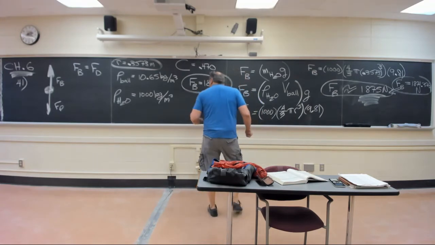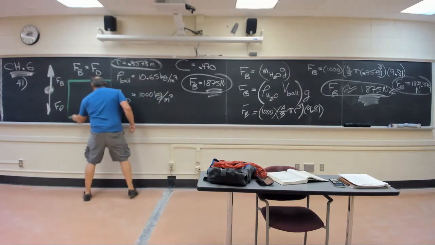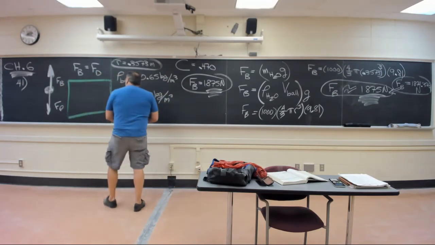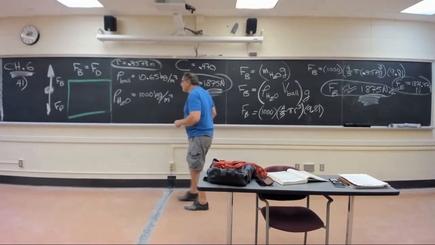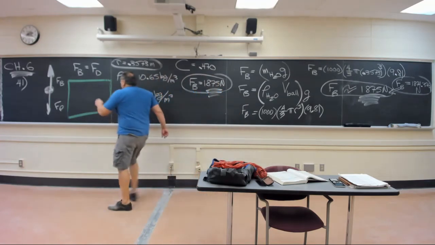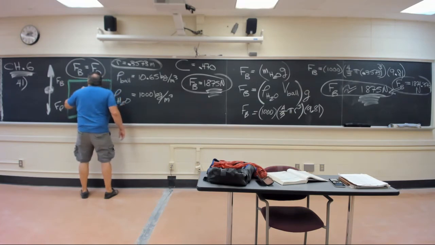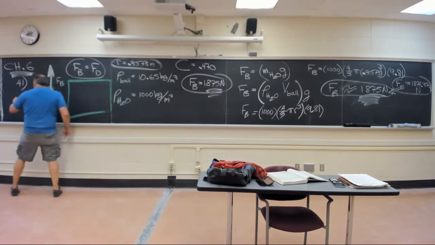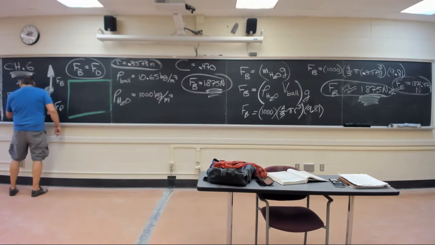So guys, if we're looking at that, how are we actually going to solve a problem like this? It all hinges right about here. You're going to say, because FB equals FD, there's a whole bunch of plays you can make on this thing, but you're going to say FD equals this, whatever you want to say. We could kind of put this over to the side. This is rho H2O.